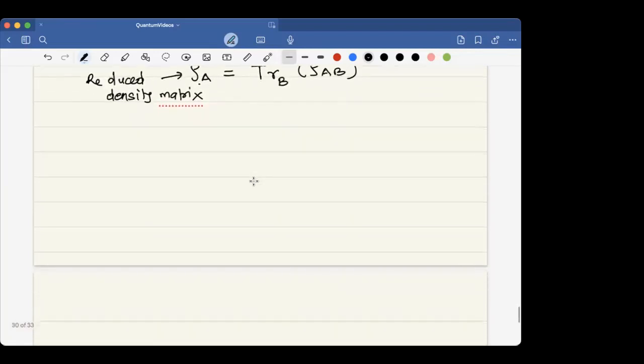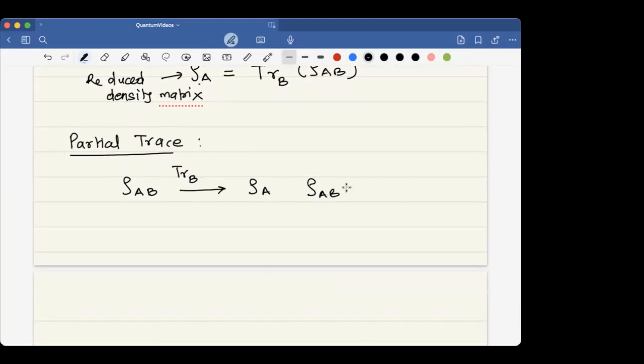Next we look at the partial trace. The partial trace operation should take a density matrix from the combined system and give a density matrix on the first subsystem if you do a partial trace over subsystem B, or give a density matrix in the second subsystem, subsystem B, if I do a partial trace over the first subsystem. So indeed it is an operation.